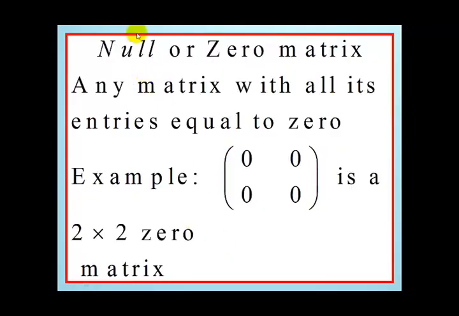We have the null or the 0 matrix. Any matrix with all its entries equal to 0 is what we call a 0 matrix. For example, we have 0, 0, 0, 0. This is a 2 by 2 0 matrix because we have 2 rows and we have 2 columns.